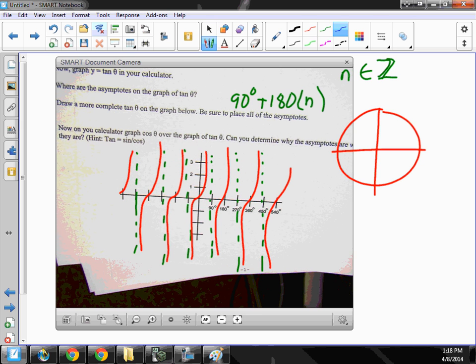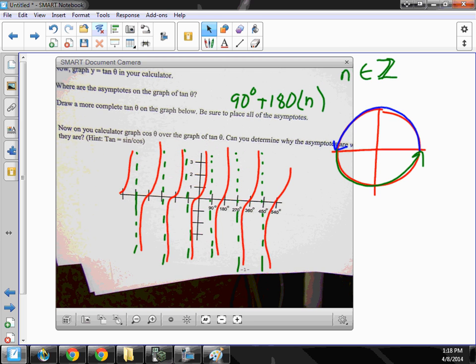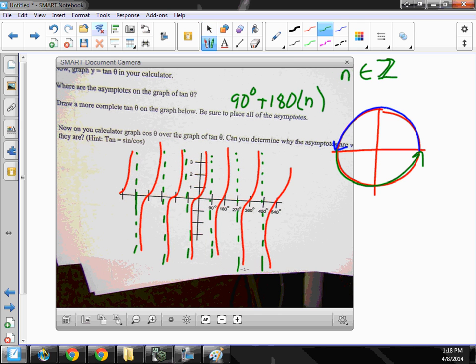How come the top half of the graph of tangent is exactly the same as the bottom half of the graph of tangent? Why is that the case? Okay, so you're saying the wall starts at 0, maxes out, and minimizes. But over here, it starts negative. So shouldn't half of it be positive and half of it be negative?